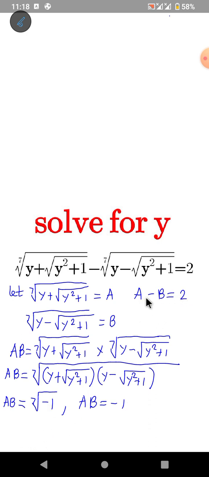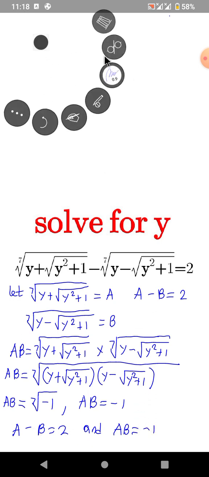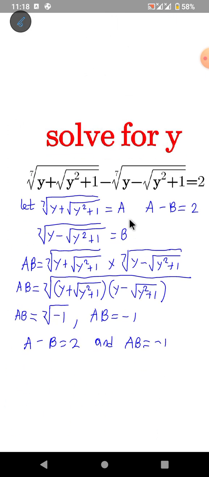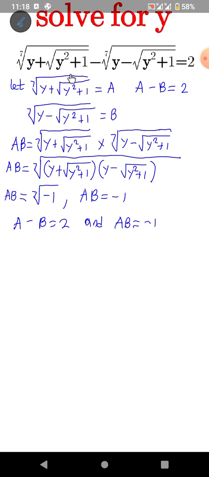So now I'm going to solve these two together. That means a minus b equal to 2 and ab equal to minus 1. So I'm going to solve these two simultaneously. Now from this ab equals minus 1, I can say that b is equal to minus 1 all over a.